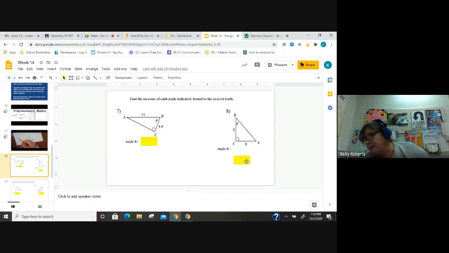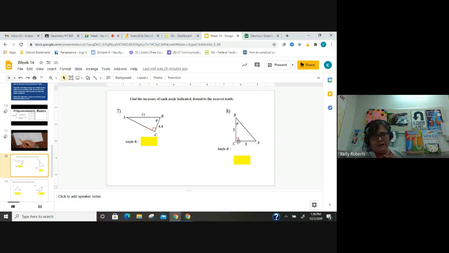Now, I want to point this out real quick. Based on what you already know from isosceles triangles that we did in the last week or two, we know that if two sides are alike, then the two base angles are also alike. We also know that triangles add up to 180.